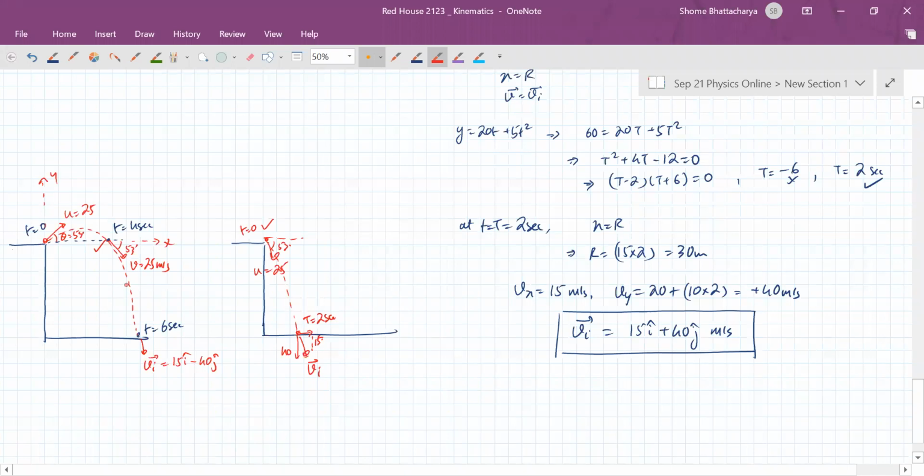But in the first case, the y-axis is upwards, and in the second case, the y-axis is downwards. So that's why we have written the impact velocity like this. It is 15 i cap plus 40 j cap. But it signifies the same thing, that it has a downward component of 40 and a horizontal component of 15.